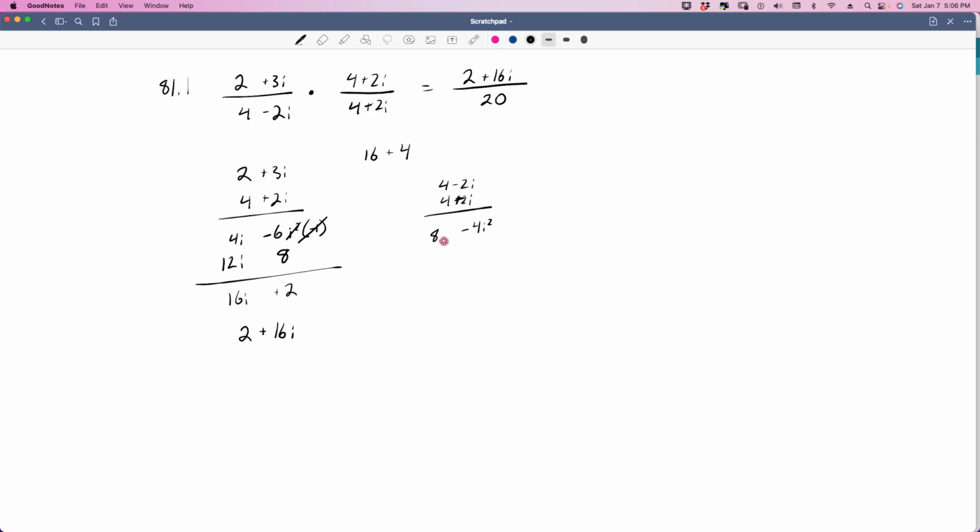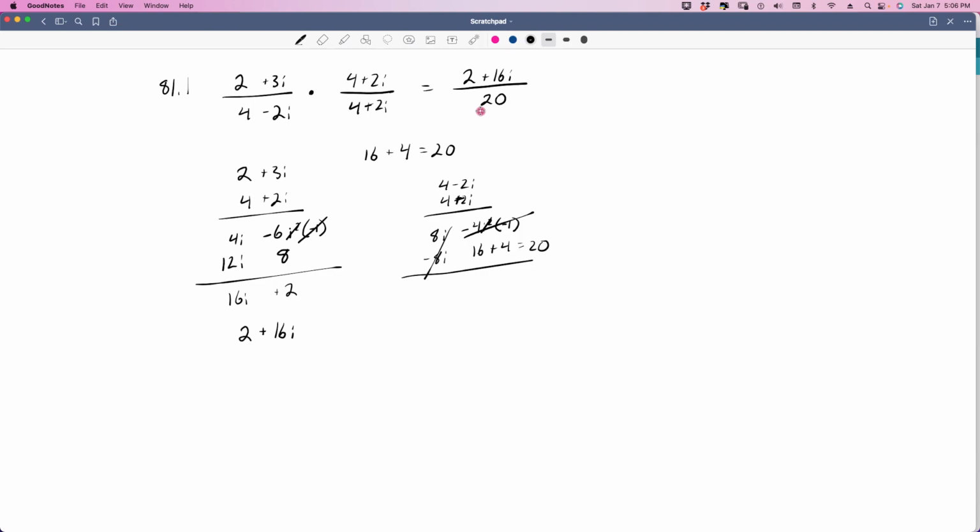This would be 8i, negative 8i, positive 16. These would cancel. I squared would be a negative 1. Negative 4 times a negative 1, that's going to be plus 4. That equals 20. So we were right. 16 plus 4 would be 20.